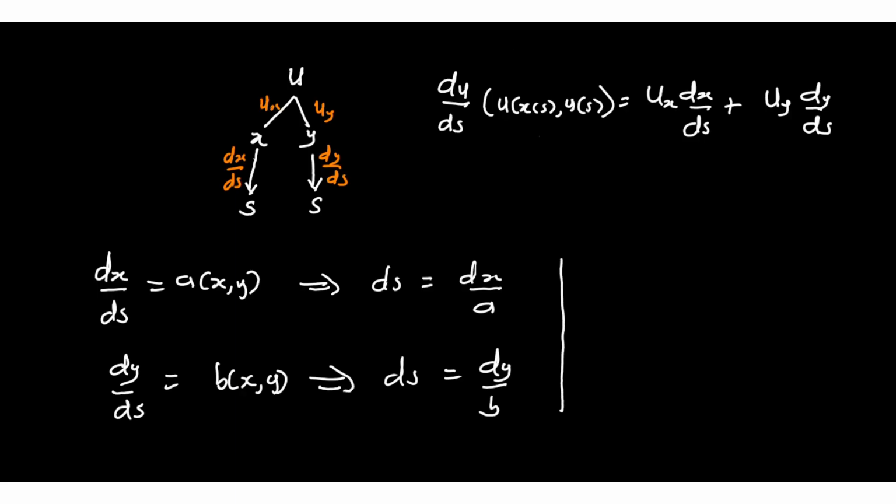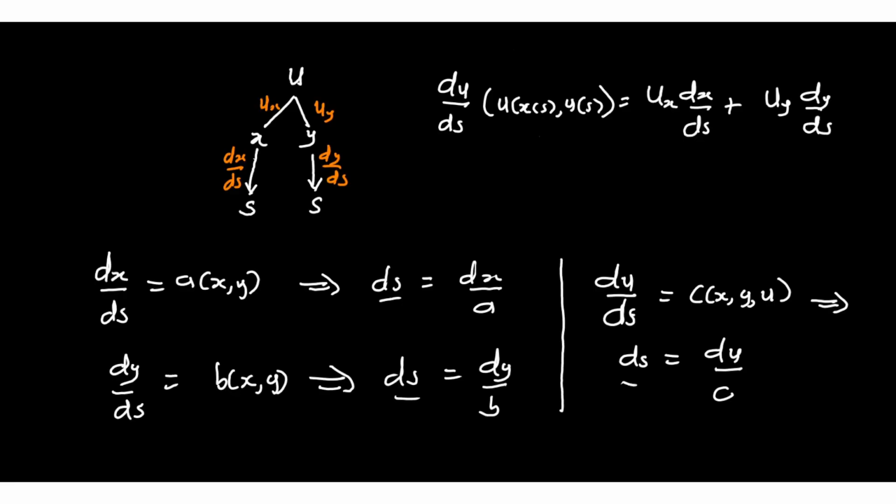So we have du/ds equal to c(x,y,u), and if I make ds the subject, I have ds equal to du over c. Now we have ds here, here, and here, so we can say that they are all the same.